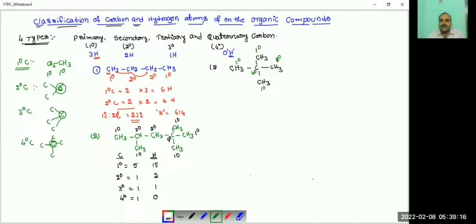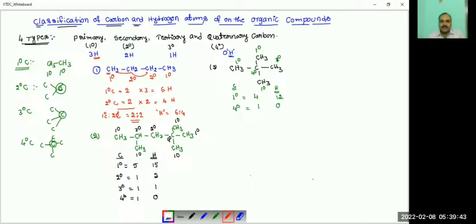Only 2 types of carbon atoms are there. One is the primary carbon: primary carbon is equal to 4, and the second, quaternary carbons, are 1. So these are the carbons, and for the hydrogens, each primary carbon contains 3, so these are 12, and there are no hydrogen atoms at the quaternary carbon.